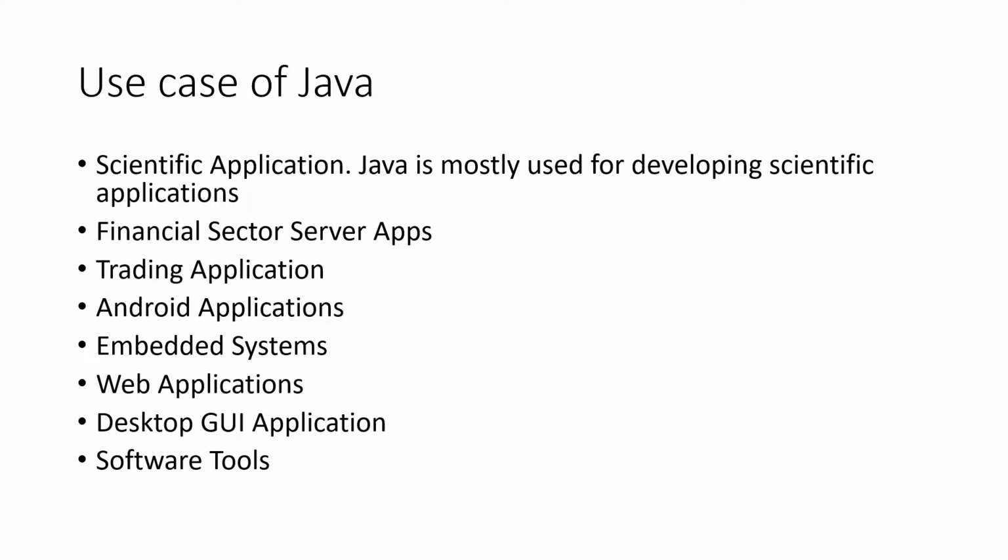It can be used for Android applications as well, embedded applications, web applications, desktop GUI applications, or any other software tools. Mainly 90 to 95% of the software you are using, or the web applications you are using, or the server coding of the apps, are built on top of Java.